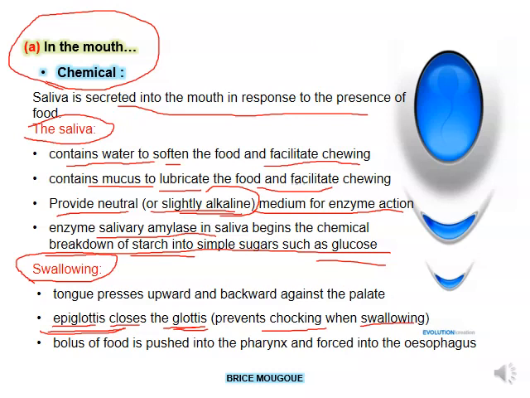This is to prevent choking, so that the food will go straight into the esophagus and not into the air pipe or the trachea. When all this is done, the bolus of food is pushed into the pharynx and forced down into the esophagus.